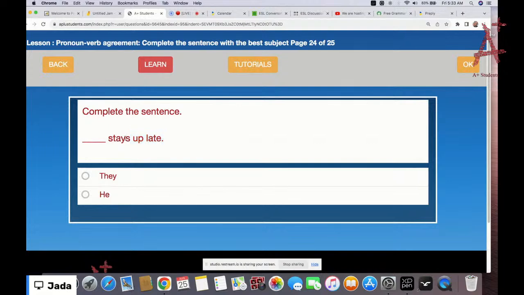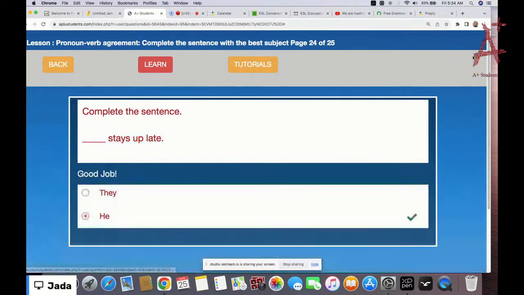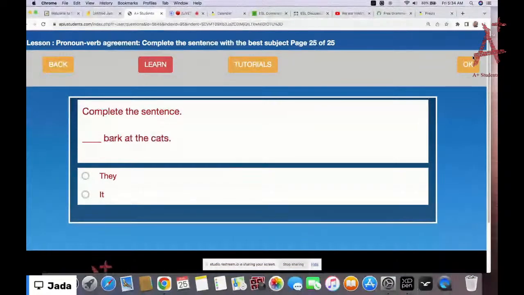Dash stays up late. Stays with S. So it's going to be singular. He stays up late. And then Dash bark at the cats. Bark doesn't have an S. So it's going to be plural. They bark at the cats.